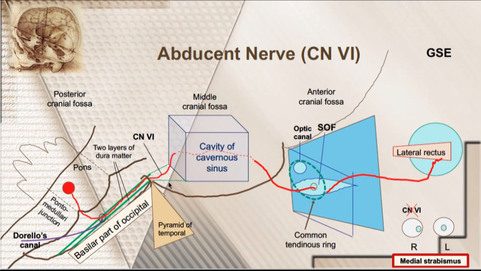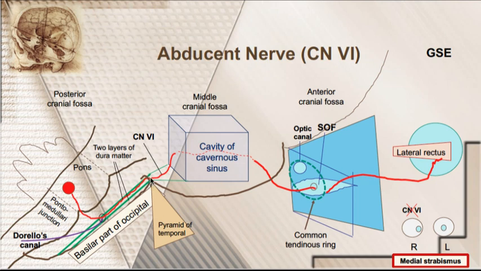The nerve is vulnerable, crossing the sharp superior margin of the pyramid of the temporal bone. There, the nerve is bridged by the petrosphenoid ligament, a thickened part of the dura mater. If the intracranial pressure increases, the nerve may become compressed at this point.